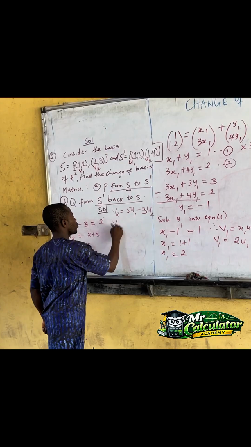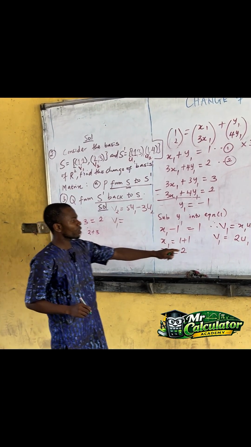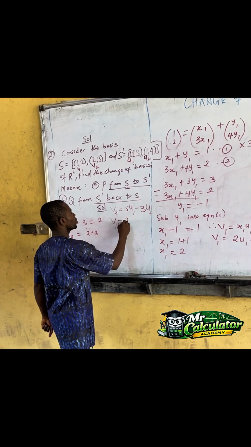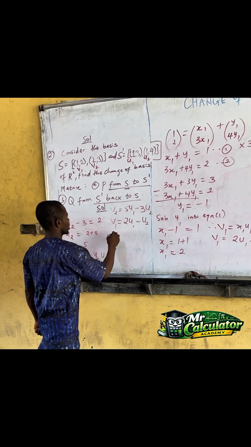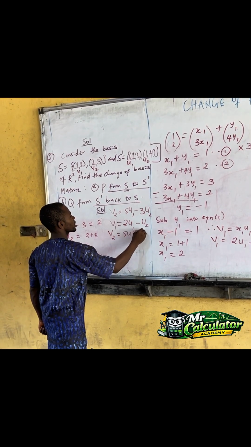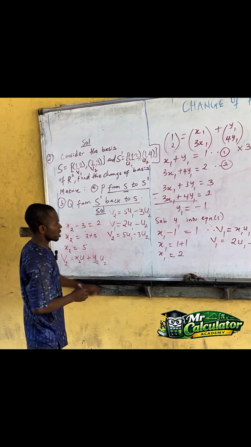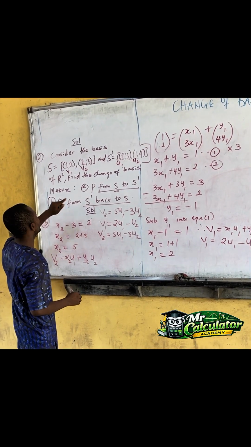In conclusion, V1, my first answer, is 2U1 minus U2, and my V2 is 5U1 minus 3U2.